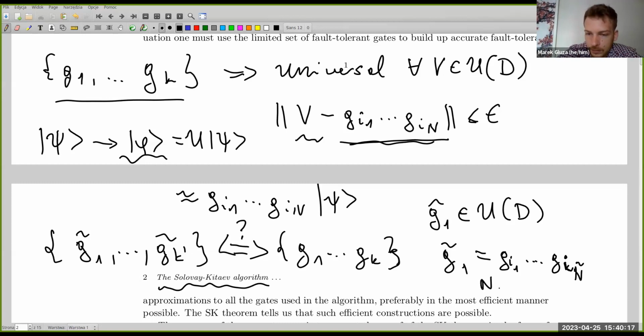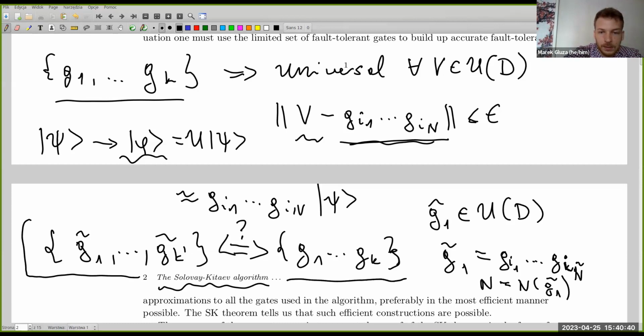And this n is a function of what operator we want to approximate, of course. Okay, so sometimes it will be short, sometimes it will be long. Okay, so the first application of Solovay-Kitaev that you will find is that basically it shows that universal gate sets can be mapped into each other typically.